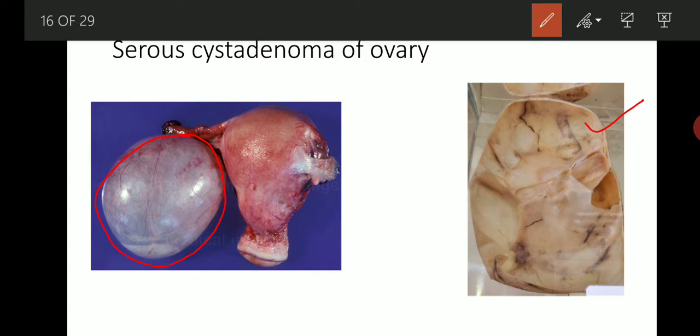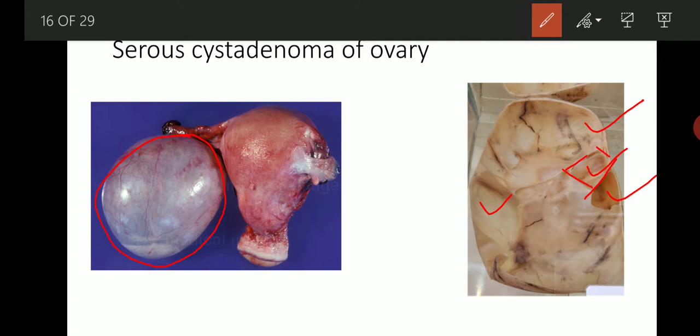These tumors can be uniloculated or they can be multiloculated. Loculations refer to the number of cysts present within the tumor. Like here there are 3 cysts or maybe 4. So this is a multiloculated cyst, and these individual cysts are separated from each other by thin septae.